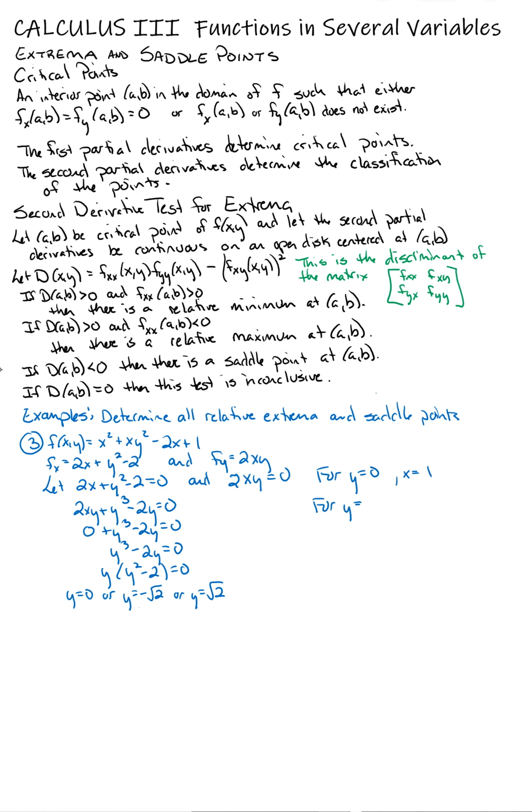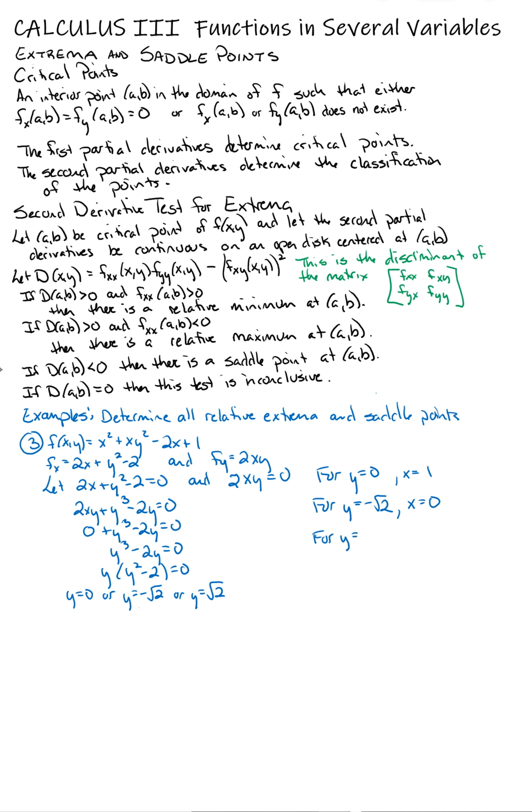For y equal to the negative square root of 2, replace the y here with the negative square root of 2, and in that case we would get x is equal to 0.